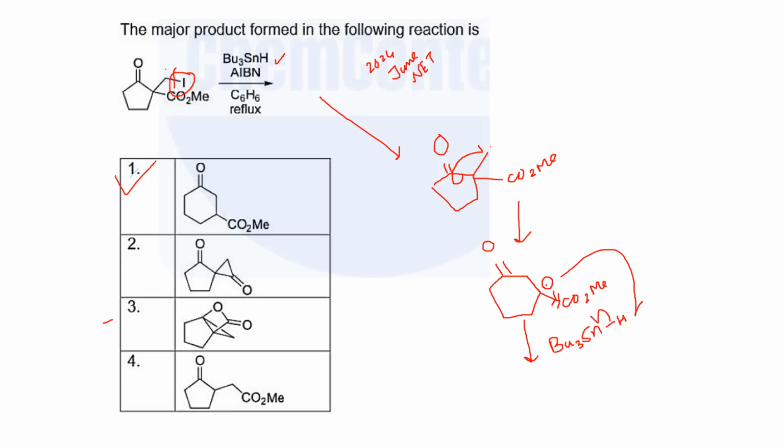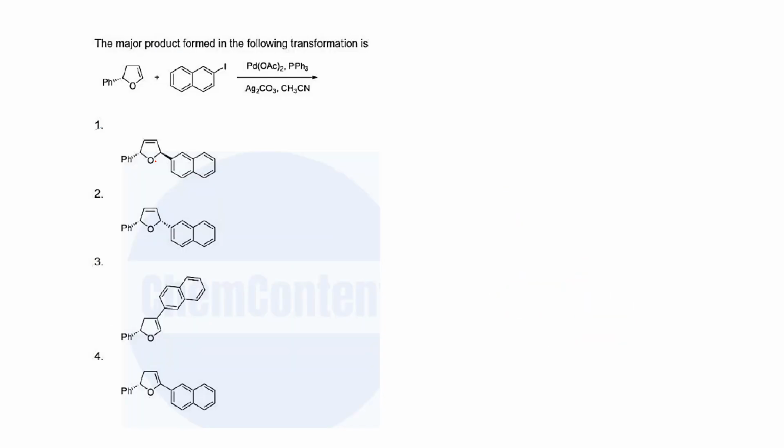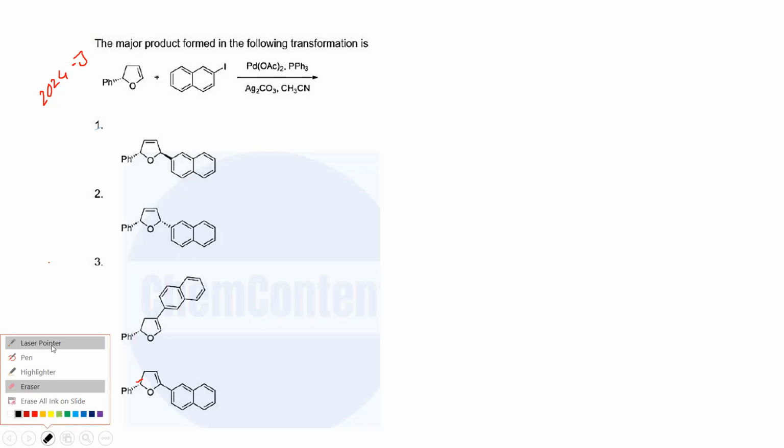Let's go to the next question. This question also came in the last NET examination, June 2024. They have asked what will be the major product formed in the following reaction sequence.